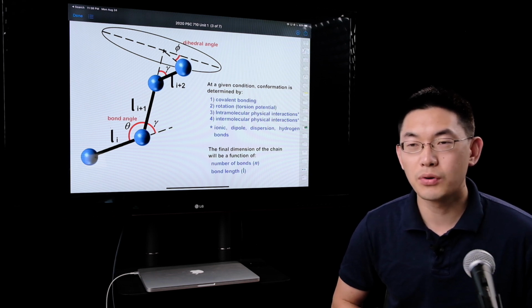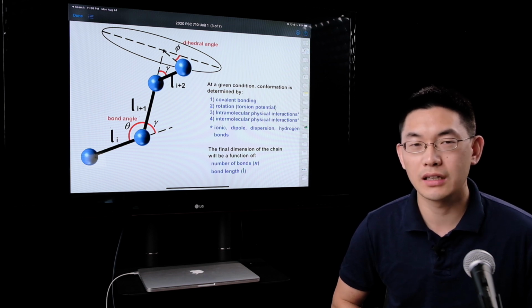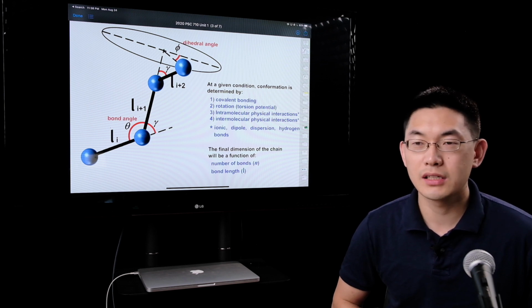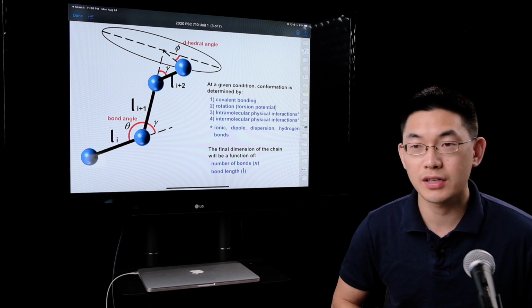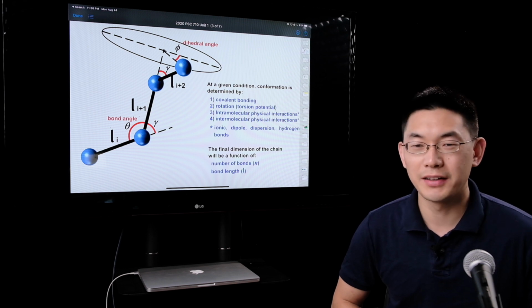So it's very important for us to understand how a polymer chain looks in three-dimensional space. Before I give any example, I want everybody to think about it for a second and try to guess how it would behave. Okay, I think everybody is thinking actively about how this polymer chain would behave in three-dimensional space.